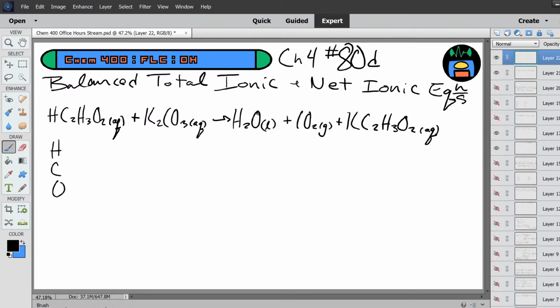Hydrogen, carbon, oxygen, and potassium. So hydrogen, we have 4 plus 2 plus 1, right? Carbon, there's 2 plus 3 oxygen and 2 potassium.